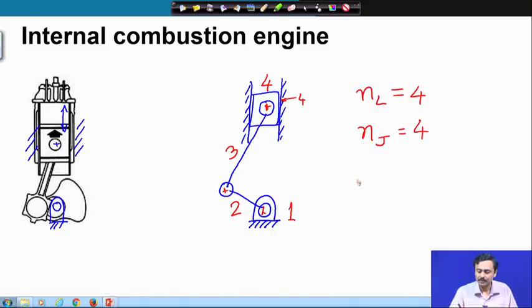So, sometimes we call this a 3R 1P kinematic chain. In the previous examples they were all revolute, so they were 4R. Now, here this is 3R 1P. So, this is the kinematic diagram of an internal combustion engine.